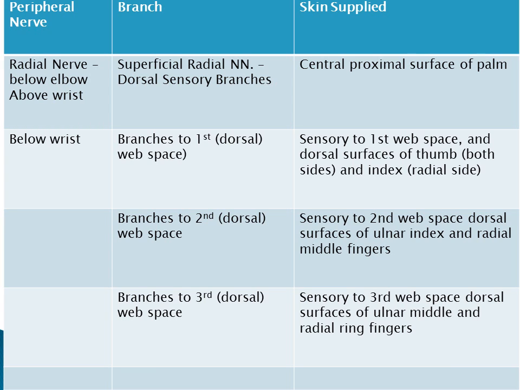Okay, so almost the entirety of the dorsum of the hand, including both surfaces of the thumb, and all the dorsal aspects of the index and the middle finger, and then the radial aspect of the ring finger, all served by the radial nerve. So that's actually fairly easy to remember, especially when it comes time to do sensory testing for the radial nerve.